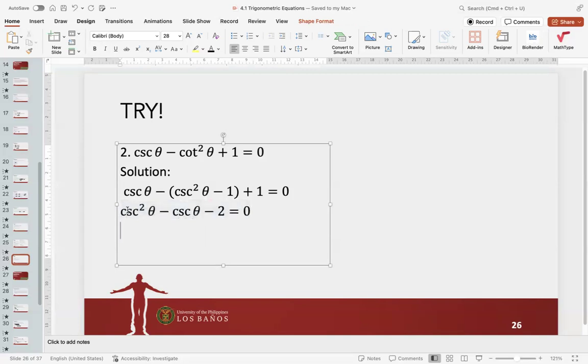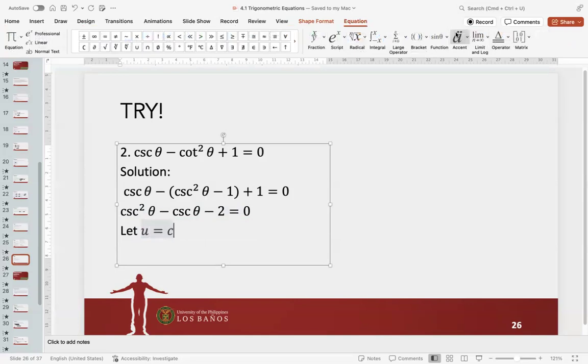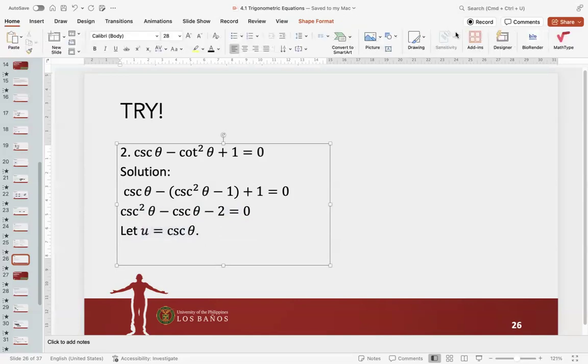Okay, so just like what we did in the last example, we let u be equal to cosecant theta. And by doing that, this entire expression becomes u squared minus u minus 2 equals 0.